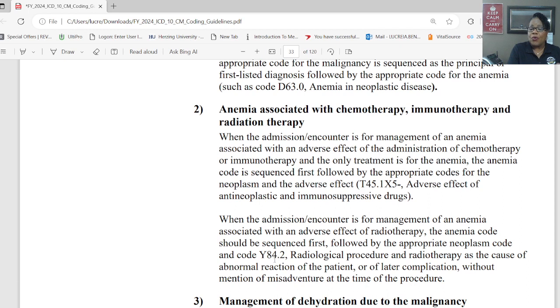So notice here, we're going to an external cause code. The Y84.2 identifies that had the patient not received this radiation, then they wouldn't have a condition or complication because of it. So therefore, make sure to use an additional code Y84.2.